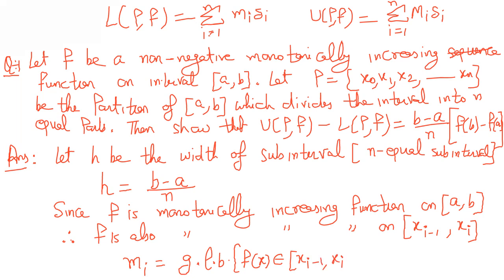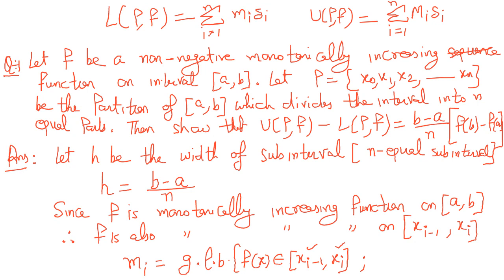Since it is increasing, what does it mean? At which point will you get the mi, at this point or this point? My question is, we have to find the glb. The interval has two points, x(i minus 1) and xi. At which point will you get the mi?